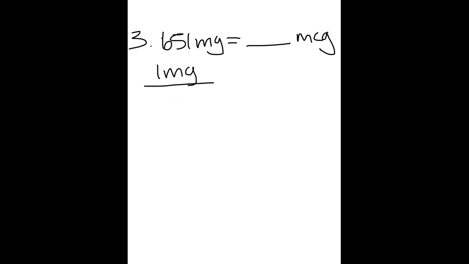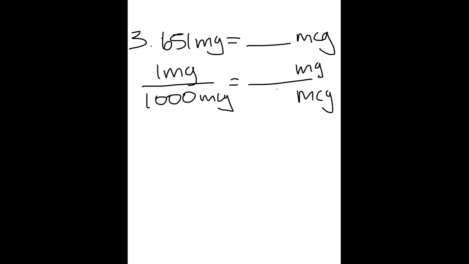So we have 651 milligrams, and we want to convert it to micrograms. So again, the same thing. We know that 1 milligram is equal to 1,000 micrograms. Set them equal to each other, so milligrams on top, micrograms on the bottom. This time we want to know micrograms, so we're going to put an X there.